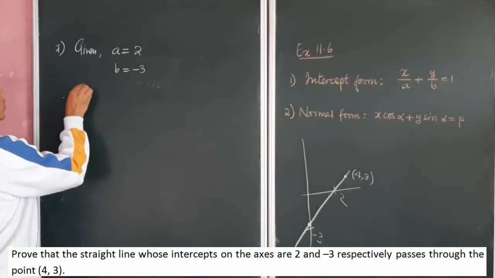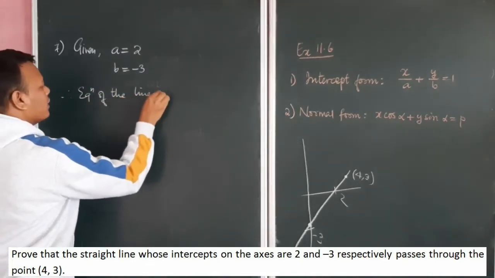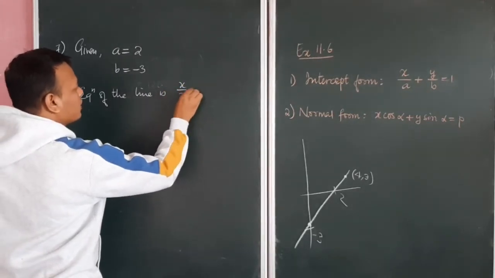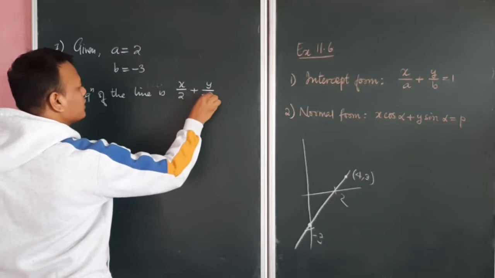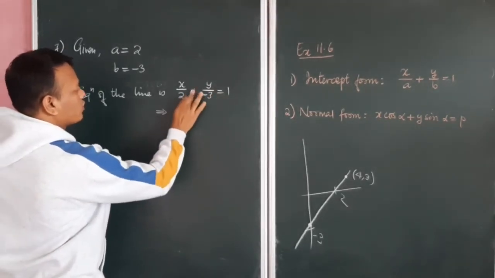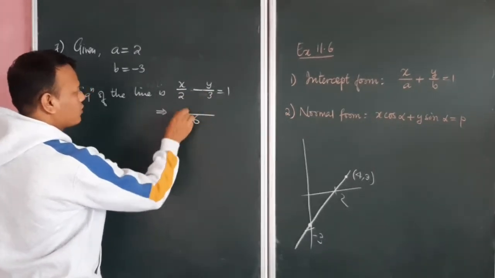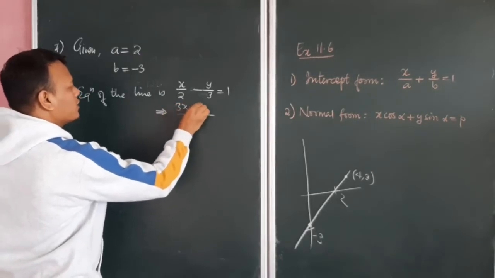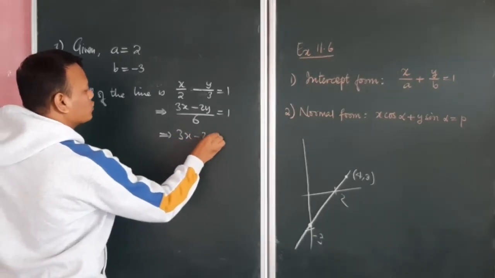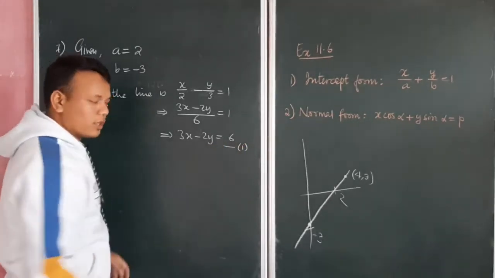So the equation of the line is x by a plus y by b equals 1, that is x by 2 plus y by minus 3 equals 1. Simplifying, we get 3x minus 2y equals 6. This is the equation of the line, let me call it equation 1.